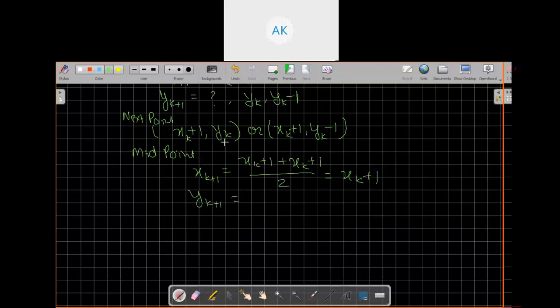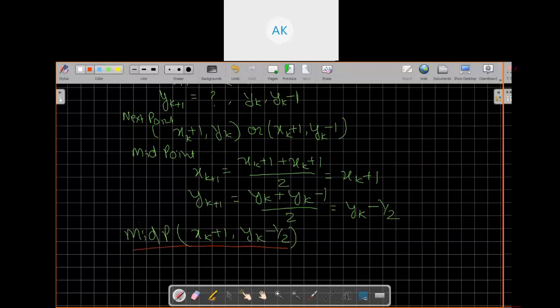Midpoint y: (y_k + y_k - 1) divided by 2, what will we get? (2y_k - 1) divided by 2. So our midpoint, as you can see, is x_k + 1 and y_k minus 1 by 2. This is our midpoint.